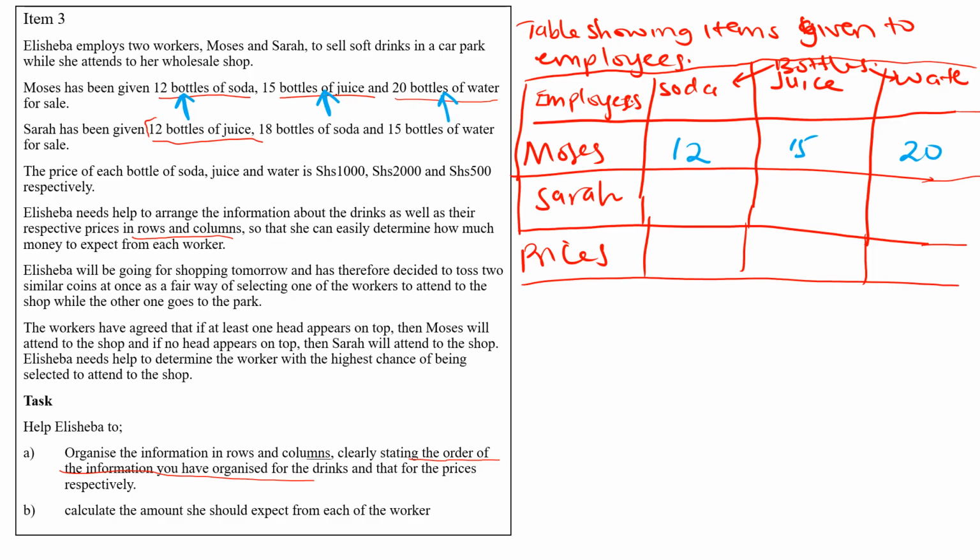And then Sarah has been given 12 bottles of juice. Don't just put 12 and run. 12 bottles of juice, and then 18 bottles of soda, 18 here, and then 15 bottles of water. Here 15.